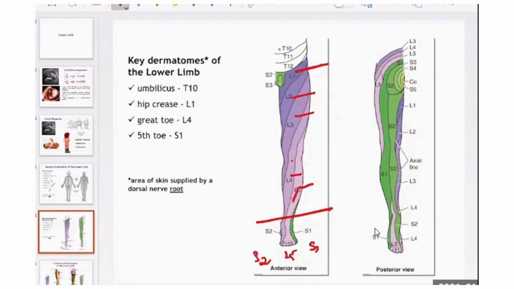So on the dorsum of the foot, three nerves: towards the great toe it is L4, S2 is posterior. L4, L5, S1 for the dorsum. Over the gluteal region, you will have the superior gluteal nerve, S1, S2, S3, S4, S5.